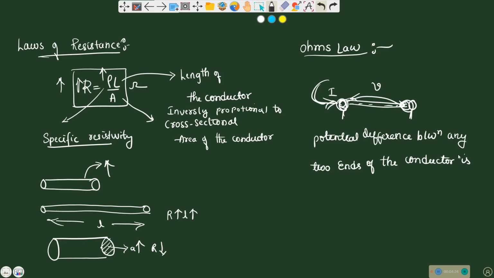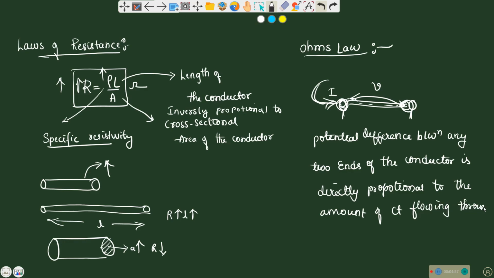Simply, we can say V is proportional to I, where R is the proportionality constant, that is the resistance of the conductor material.